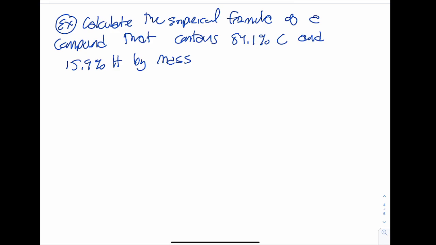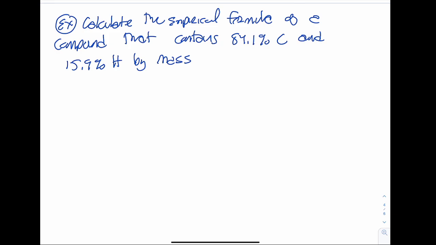So it's written a little bit differently. Instead of saying the percent composition is, I'm giving the percent and then telling you it's by mass, so we know that it's a percent composition. So I just wanted to word it a little bit differently, so if you come across problems that aren't worded exactly the way that I generally word them, it doesn't throw you.